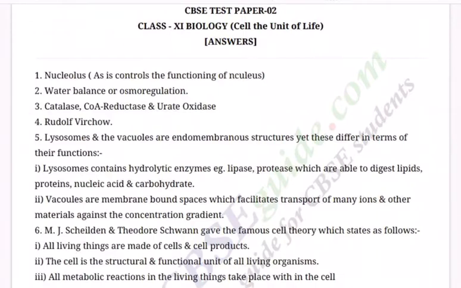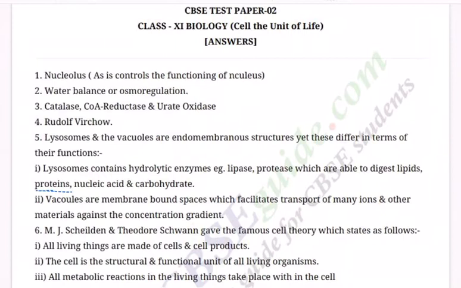And fifth, lysosomes and the vacuoles are endomembranous structures, yet these differ in terms of their functions. Lysosomes contain hydrolytic enzymes, for example lipase and protease, which are able to digest lipids and proteins. Lipases will digest lipids and proteases will break down the proteins into amino acids, nucleic acid and carbohydrates.